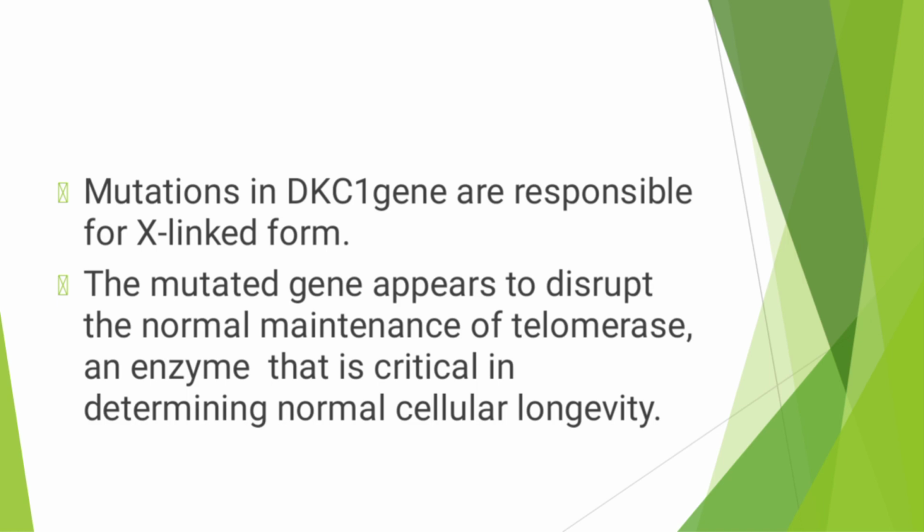The gene in which the mutation has occurred was the DKC1 gene, the Dyskeratosis congenita 1 gene. That mutation disrupts an enzyme known as telomerase, which was responsible for determining the normal cellular longevity of cells.